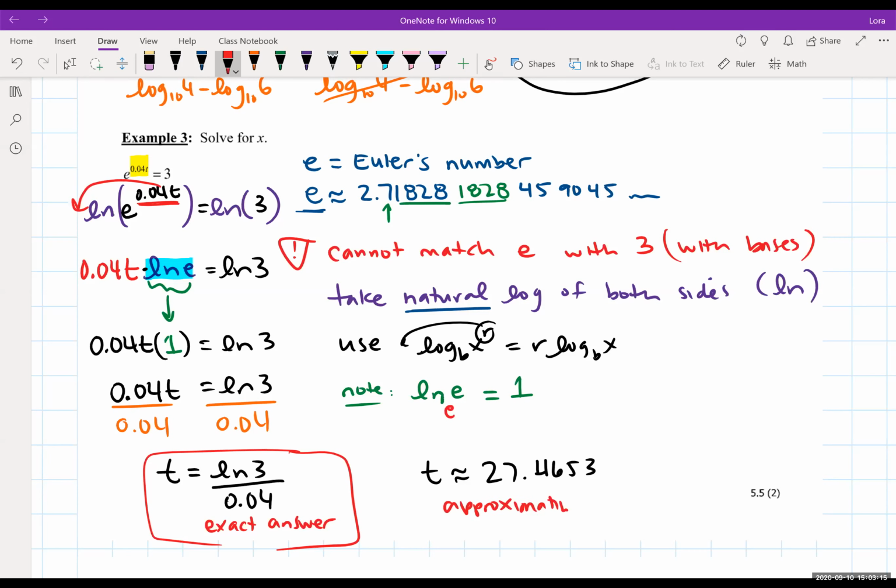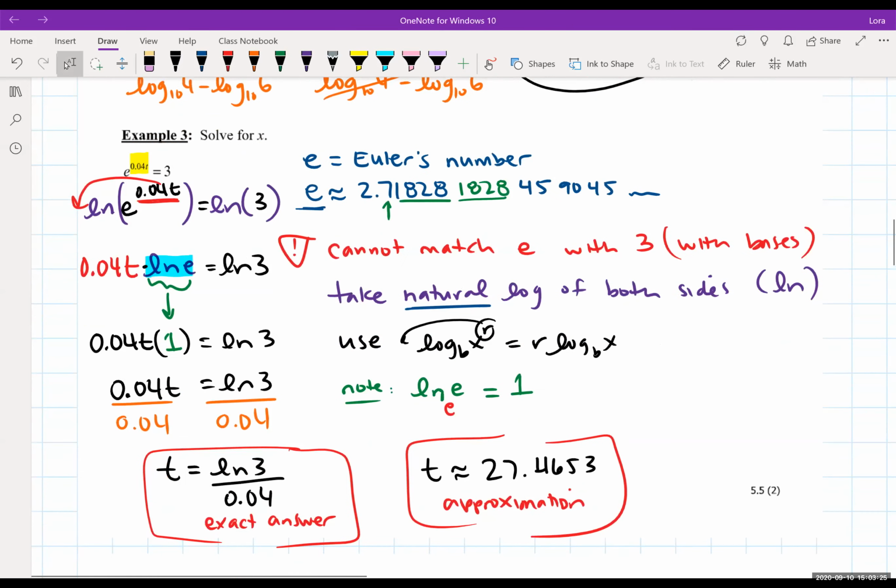Kind of depends where you take this later. So that should get you through these types of examples. I would like to point out, it wasn't a requirement that you take the natural log of both sides. It just makes the answer a little cleaner at the end due to natural log of e equaling 1.